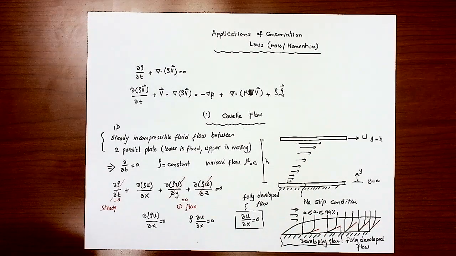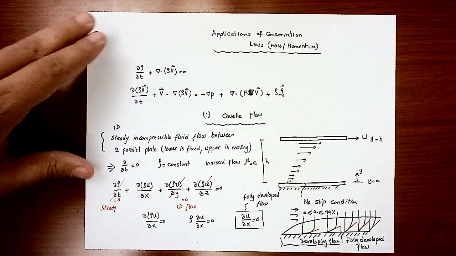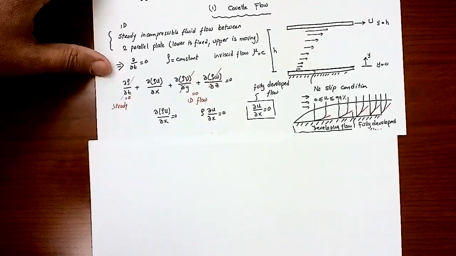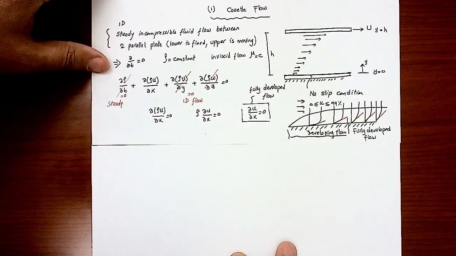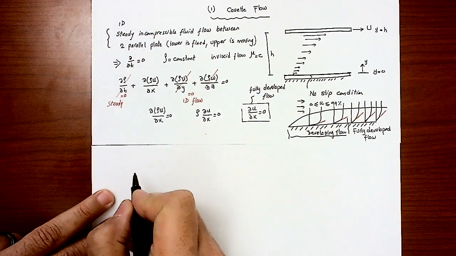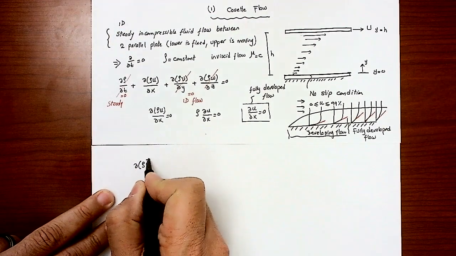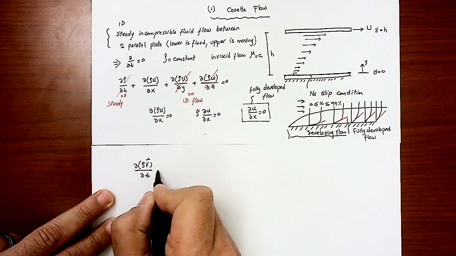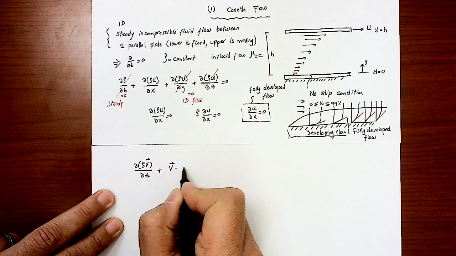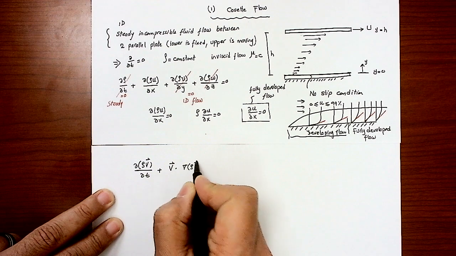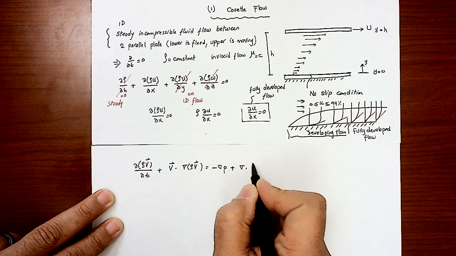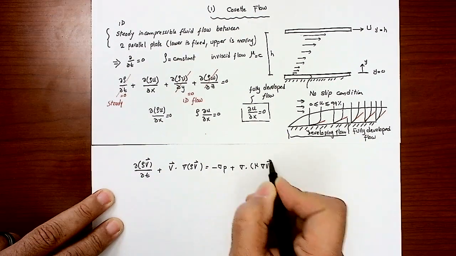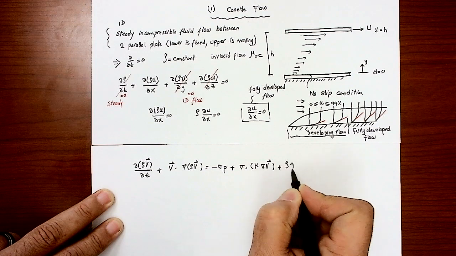Now I would like to write down the momentum equation and see what terms can cancel out or be simplified to be able to solve and get the velocity distribution. The target is to get the velocity distribution. Okay, so the momentum equation is partial rho v by partial t plus v dot nabla rho v equal to minus nabla p plus nabla dot mu nabla v plus rho g.